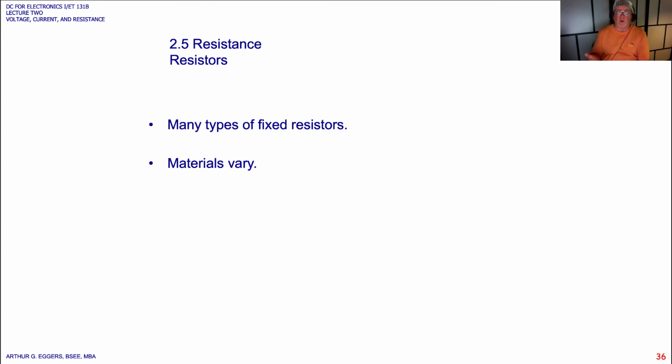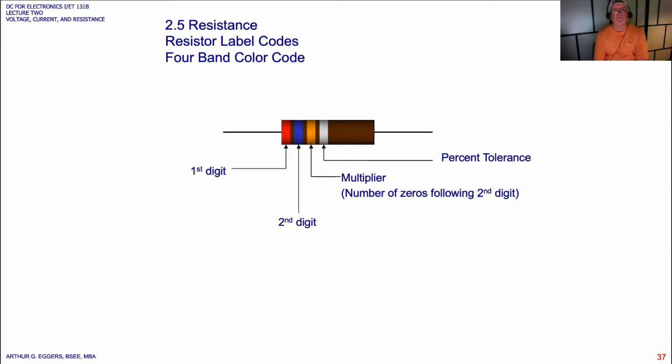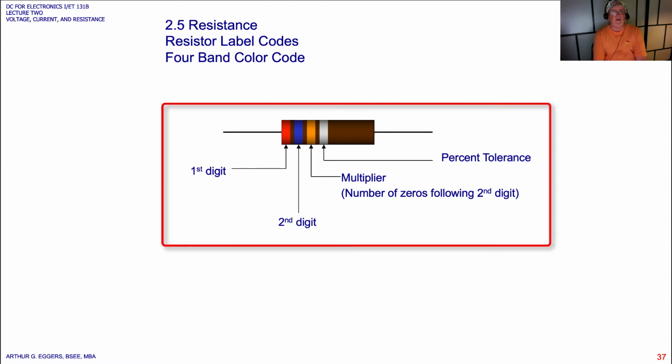We know physically what a wire looks like, but let's look at what a physical resistor looks like. So if you went to the parts bin and pulled out a resistor, you might pull out one that looks like this. And you look at it and you see all of these colors on there and you go, okay, how do I know what the value of this thing is, how much resistance is loaded into it? So in this case, we look at a 4-band color-coded resistor.